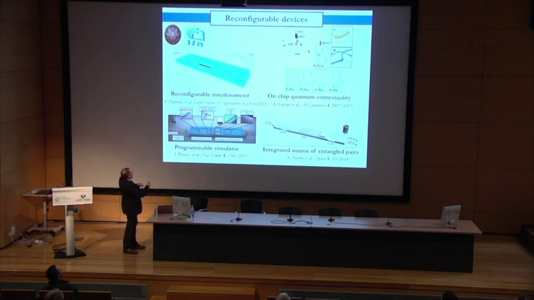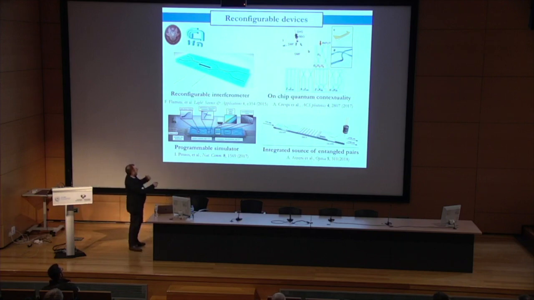In that case, you have the waveguides. You can, in this case, fabricate a thermoelectric controller on the top of the waveguide, and then by locally heating close to the waveguide, you can change the index of refraction. So in 2015, we implemented the first device with this kind of technology.